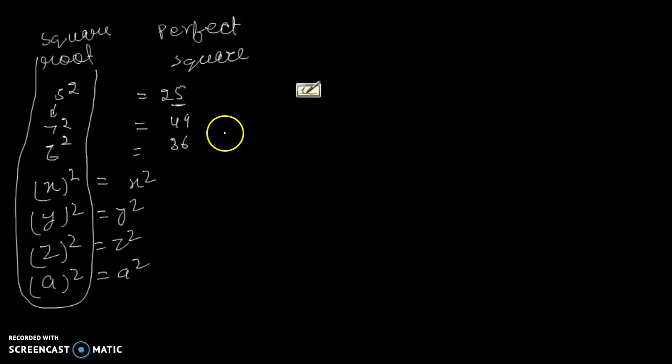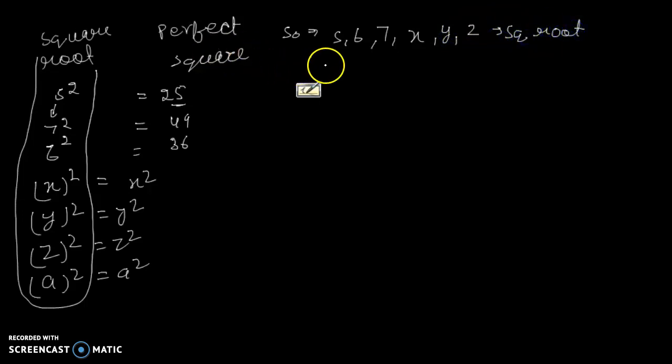So we can say 5, 6, 7, x, y, z is our square root and 25, 49, 36, x square, y square, z square is our perfect square.